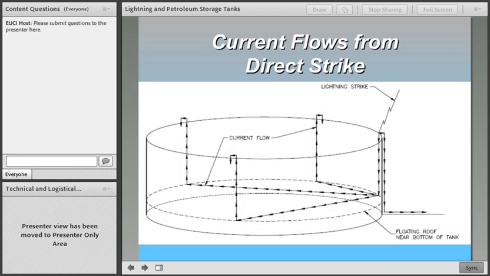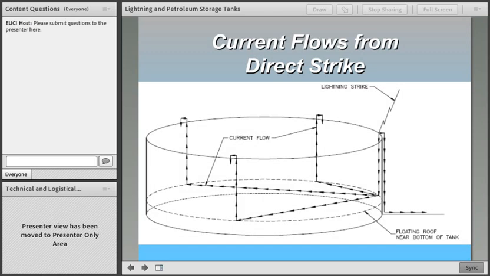So when lightning terminates on a tank, and this is an illustration of a lightning strike to an external floating roof tank, as you can see, lightning has terminated on the upper rim of the tank.